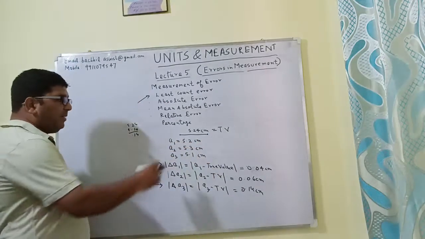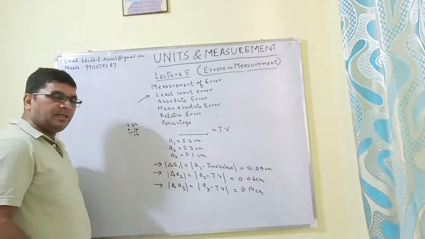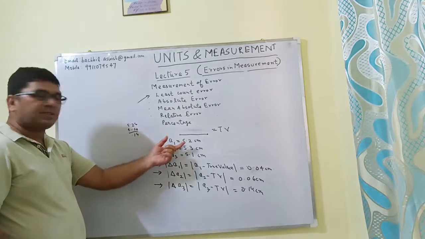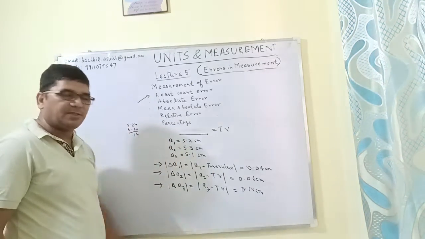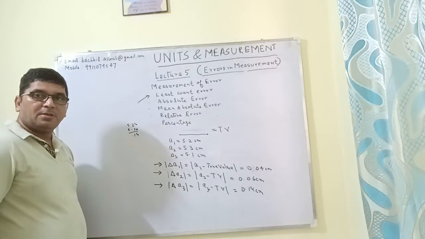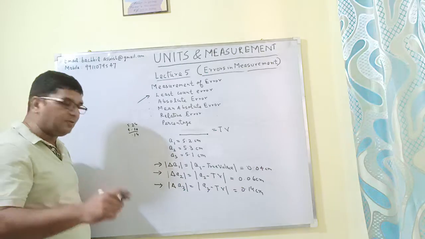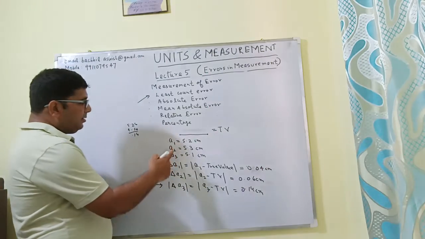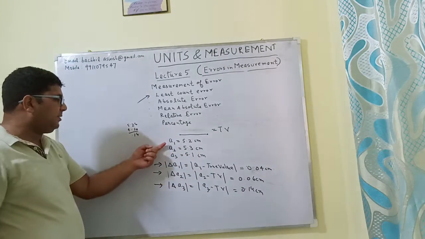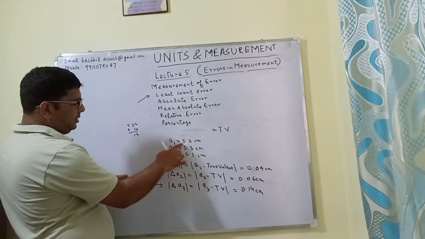But if I am given a physical quantity and I am told to measure this with the help of a measuring instrument, and I don't know the true value, so how will we find the absolute error? In that case, in this case I have taken 3 readings.